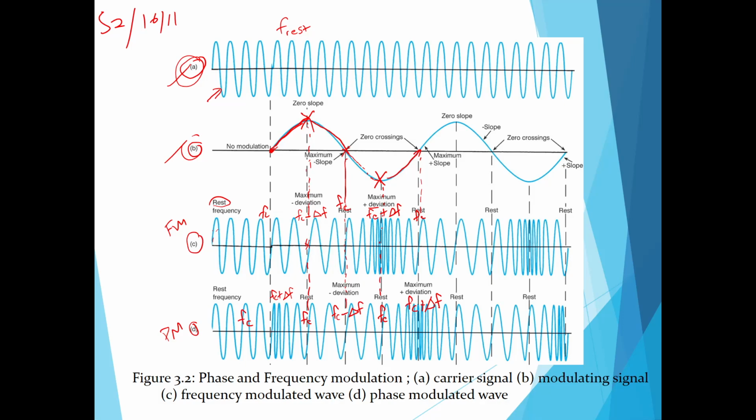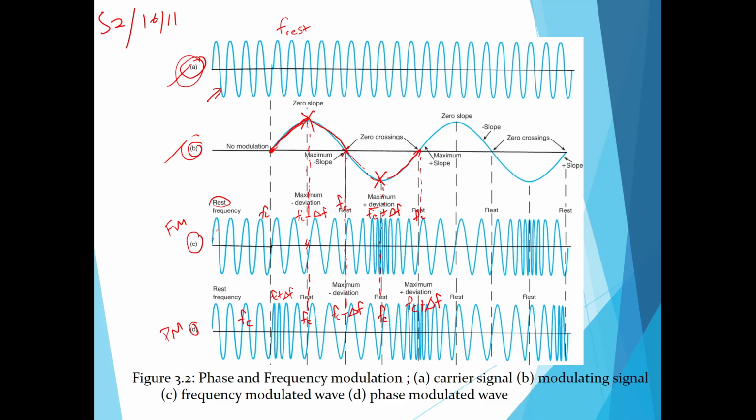Okay, so the key point here is that for frequency modulation, the critical change happens when the modulating signal achieves the peak amplitude, either peak positive or peak negative. This is for the frequency modulation.